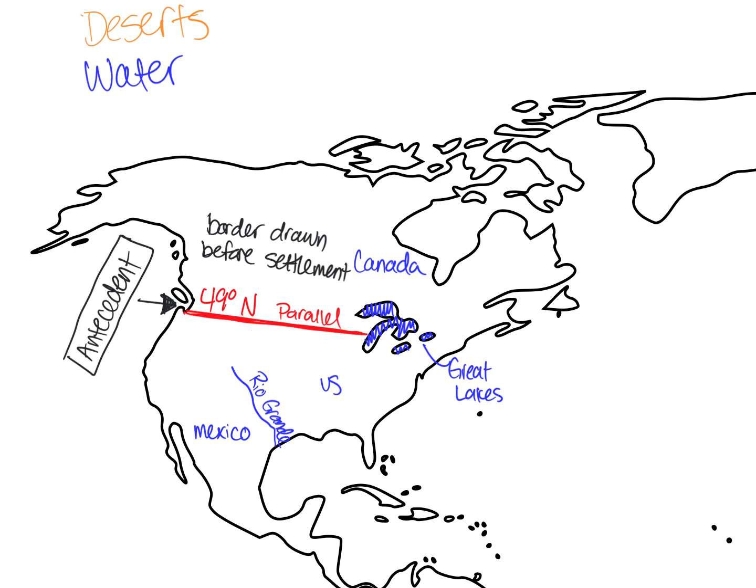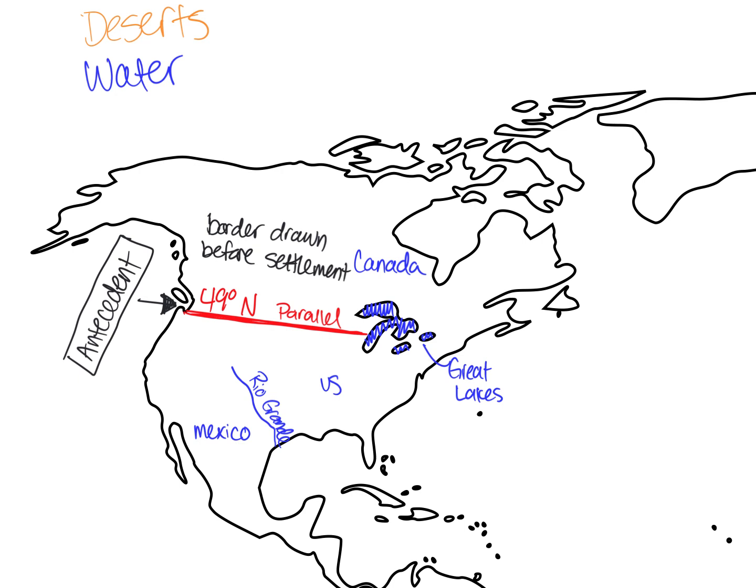There was nobody living out here in the western part of the United States or the western part of Canada yet, okay? But before westward expansion, the countries had agreed that the border between Canada and the US was just going to run along 49 degrees north, as far out over to the ocean. So they had determined that before people had even moved out that way. Okay, so that is an antecedent border.